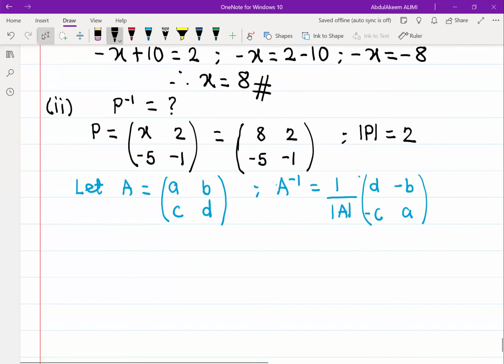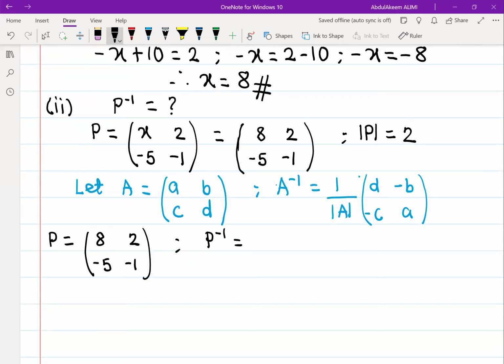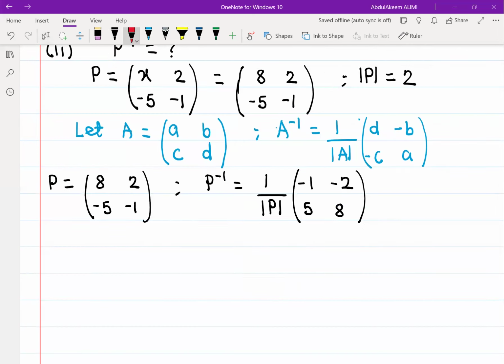So let's apply the same thing here. I have P equals 8, 2, minus 5, minus 1. My P inverse will become 1 divided by the determinant of P, times the matrix where I swap the diagonal: minus 1, 8 on the diagonal, and minus 2, 5 on the other. Recall that the determinant of P is equal to 2.